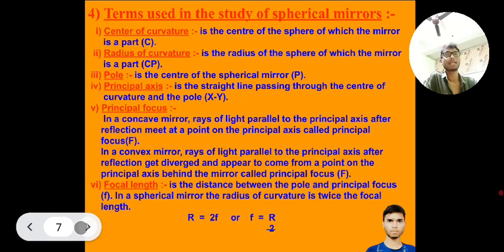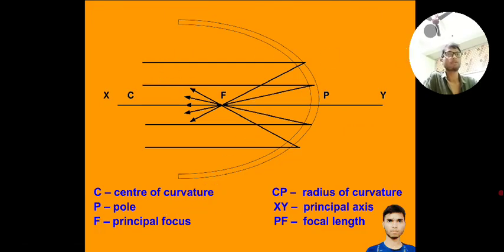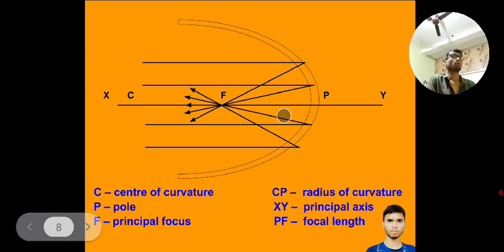Let's see. It is saying, when we take a convex mirror, of course light will come and hit the outer surface of the convex mirror, then it will diverge rather than converge. It will diverge like that, and the line will go from here to infinity, passing through the focus.